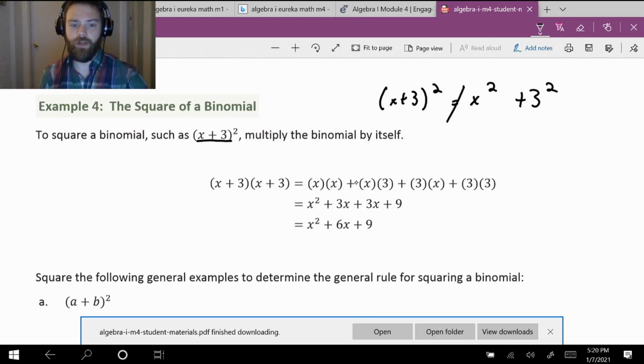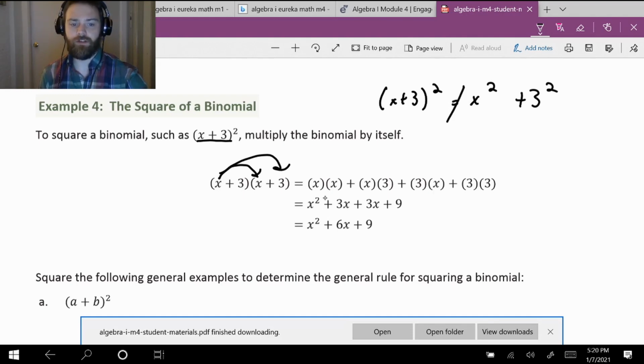Whenever you square something, you're telling yourself to multiply this item by itself. So when I take x plus 3, I'm multiplying it by itself. And whenever I do that, I can use even FOIL here, or the distributive property.